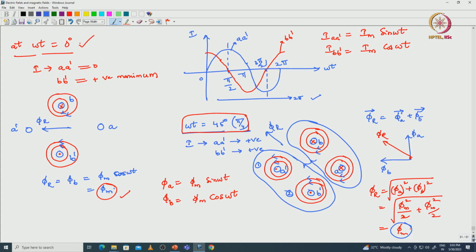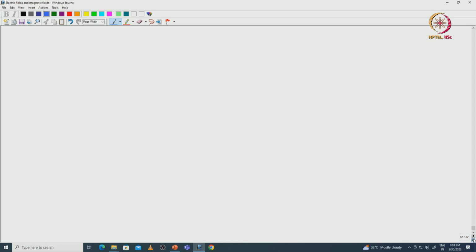Now, we will analyze with respect to omega t equals 90 degrees. At omega t equals 90 degrees, the current to the coil A dash is positive and maximum, right, it is a sine function, and B dash is a cos function and it is 0.